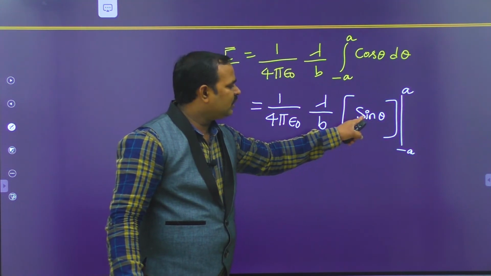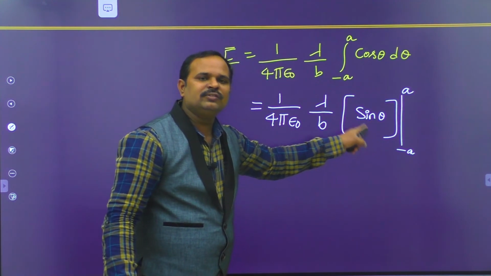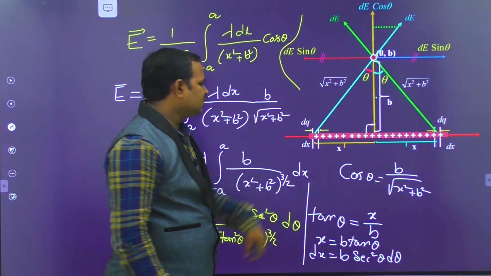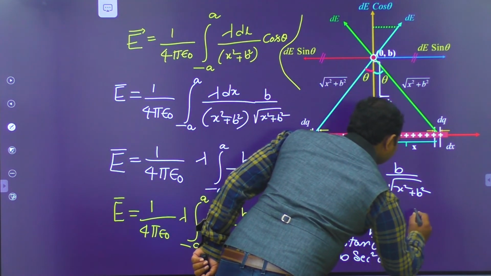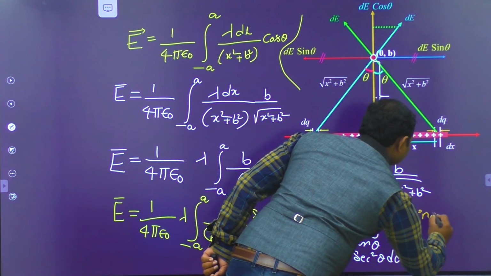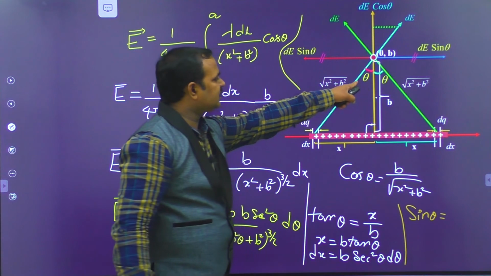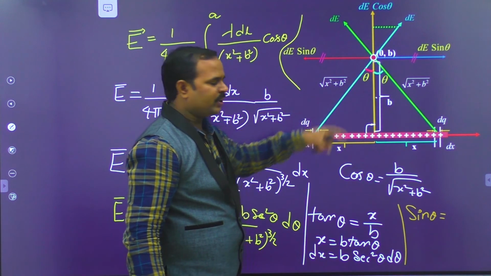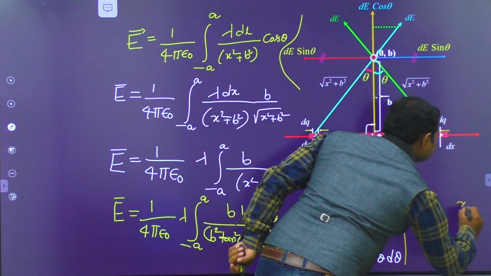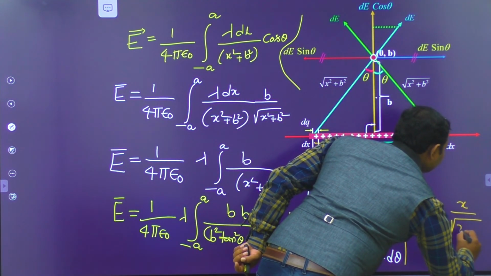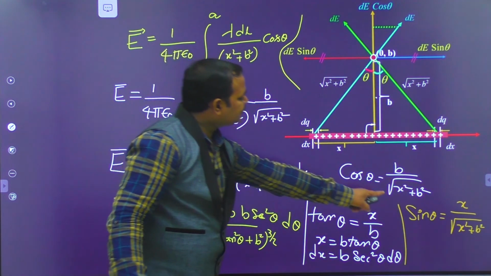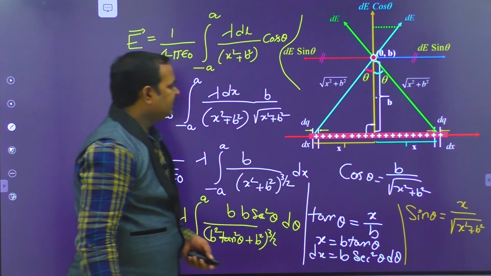So now let us find the sin theta value from the diagram. If you see from this diagram, sin theta value, this is theta, this is the opposite side, and this is the hypotenuse. So that means x by root of x square plus b square.